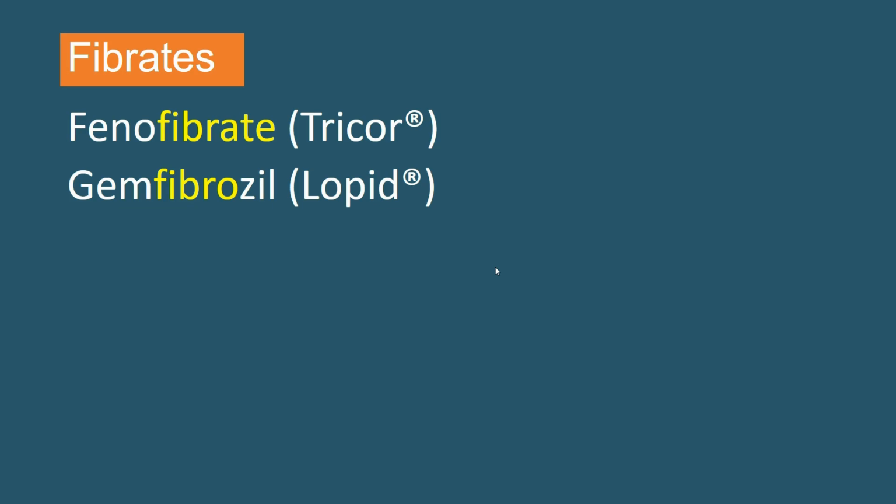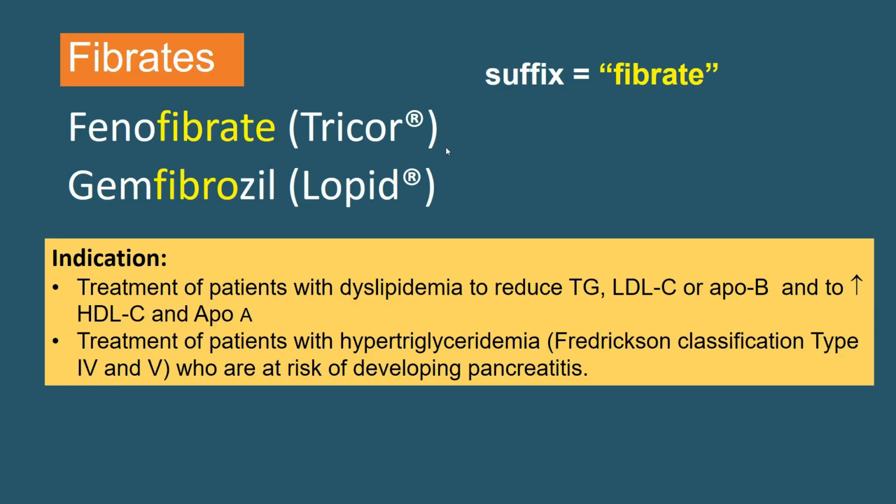And the next class of drugs are fibrates. Fibrates, also known as fibric acids, have the suffix fibrate, like fenofibrate. However, gemfibrozil has a different suffix, whereas most other fibrates end with the fibrate suffix. Unlike statins, which are the first line therapies for high cholesterol dyslipidemias, fibrates are primarily aimed to lower triglycerides.